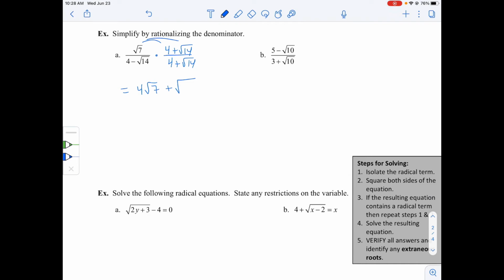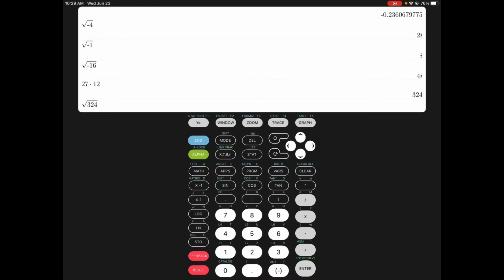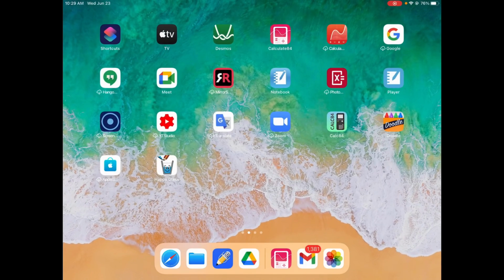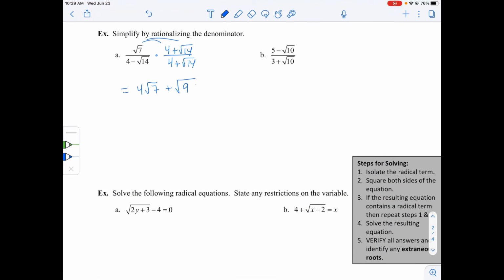I think that's 84. 7 times 14. 98. Nice try, Schwartz. 98. Okay. Our denominator, the shortcut is, of course, that this is going to be a squared minus b squared, right? Because this is an a minus b, a plus b, difference of squares situation.